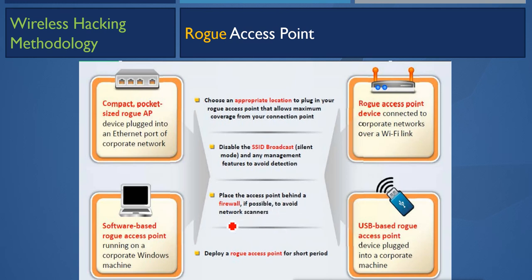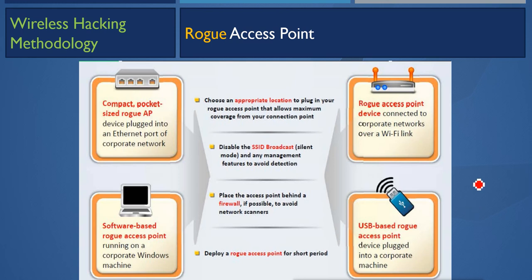Deploy the rogue access point for a short period, so that if any detector is there, it will not understand, since sometimes it is running and sometimes it is not. So if someone is scanning or checking, they will not know that someone is running a fake rogue access point.